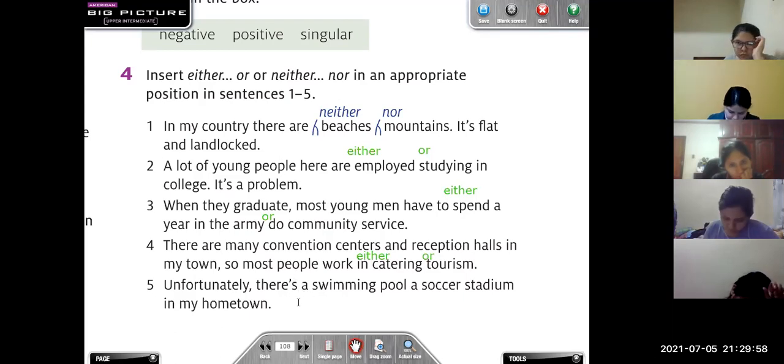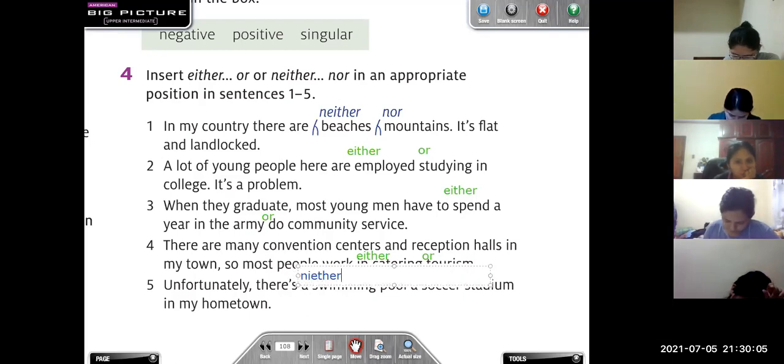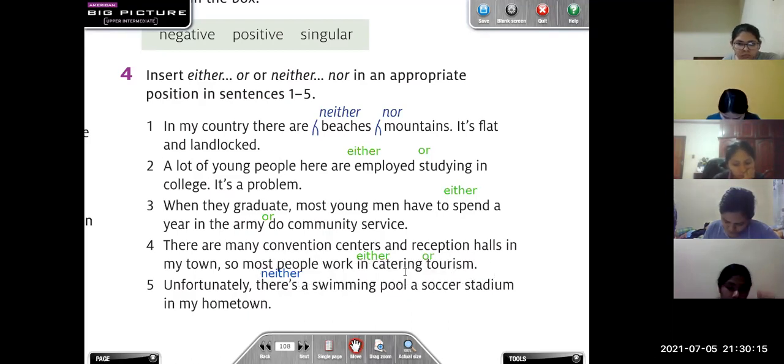El A viene con swimming pool. ¿Ok? Entonces, there is neither, antes del A, neither a swimming pool nor, antes del A también, nor a soccer stadium in my hometown. No hay ni uno ni lo otro. Okay?